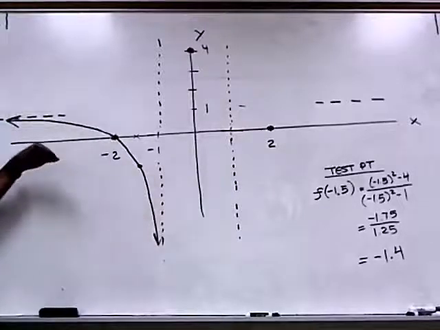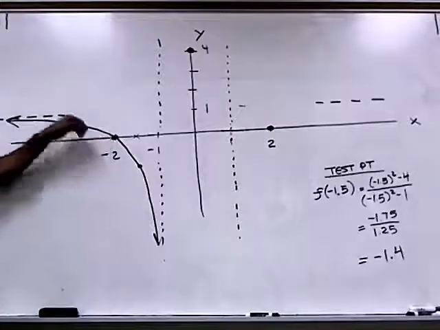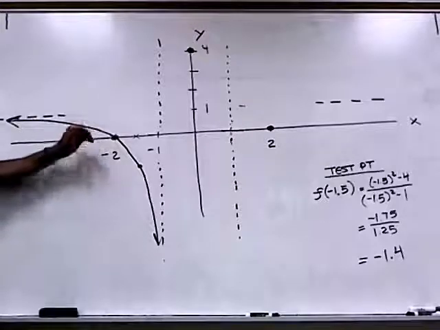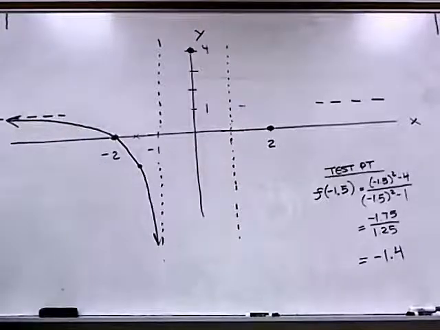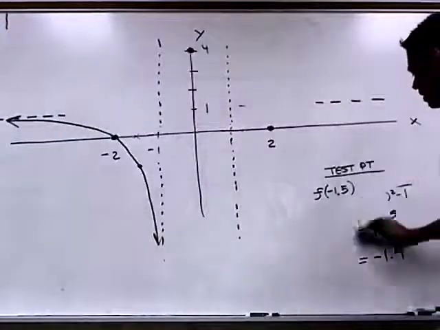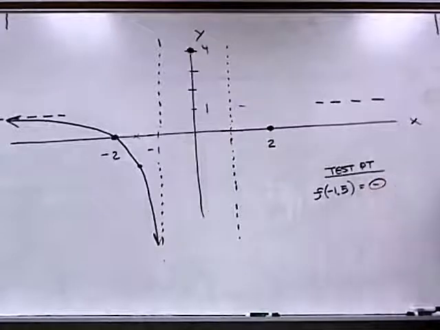But that's not good enough because I could give you a function that would bounce here and bounce off. I could create a function that would do that. I just want to make sure. So as long as I know what you're testing, if you just wrote down test points and then put something like, okay, that's negative, then I know you did it on your calculator or whatever.